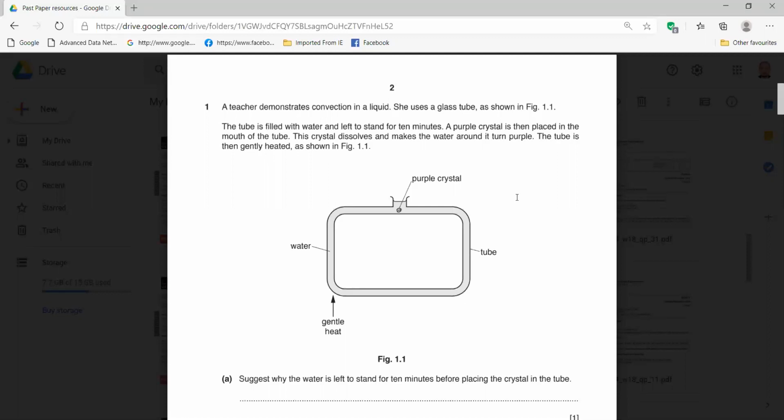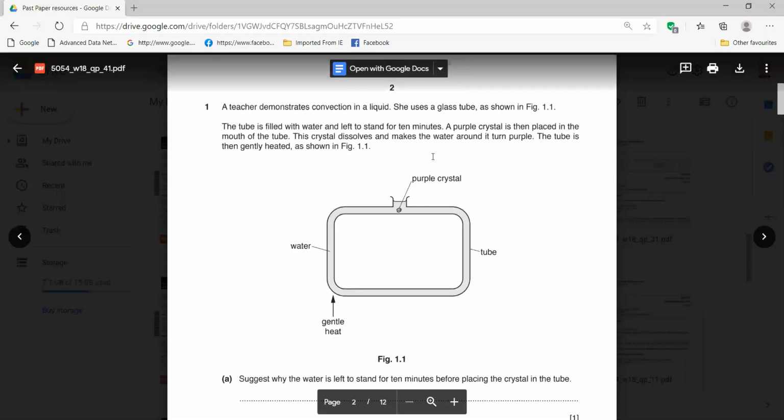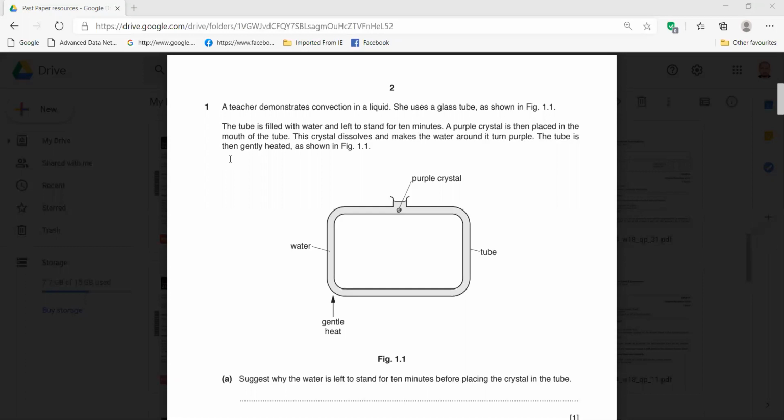Okay, so till now, the first point is convection occurs in fluids by the circulation of molecules. Done? Yes, sir. Convection occurs in fluids by the circulation of molecules.